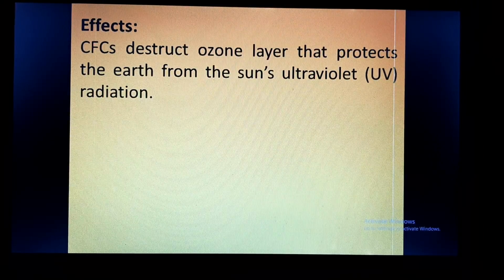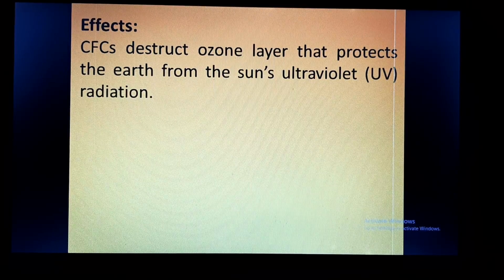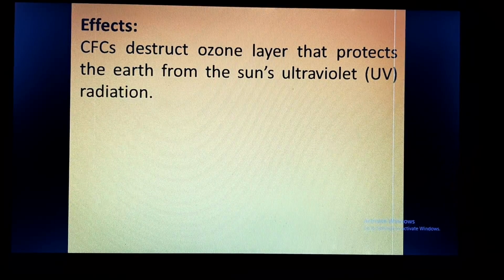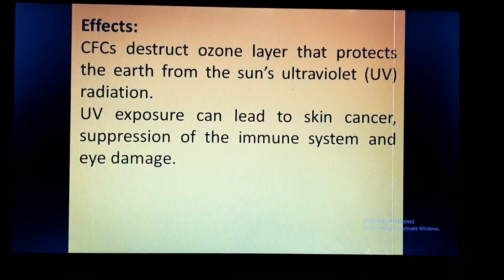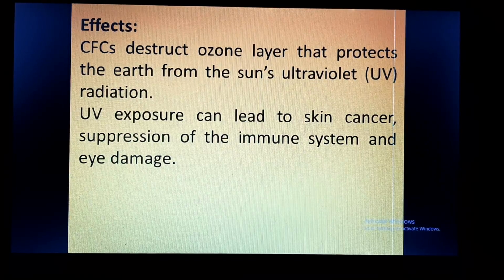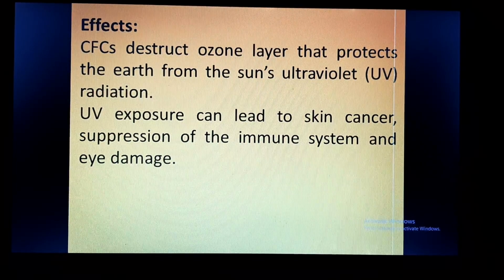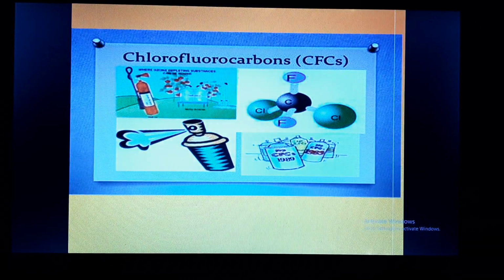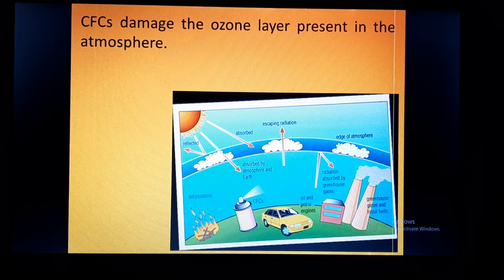What are the effects? CFCs destroy the ozone layer that protects the earth from the sun's ultraviolet radiations. UV exposure can lead to skin cancer, suppression of the immune system and eye damage. CFCs damage the ozone layer which is present in the atmosphere.